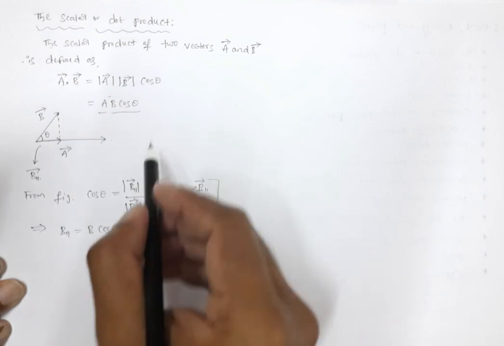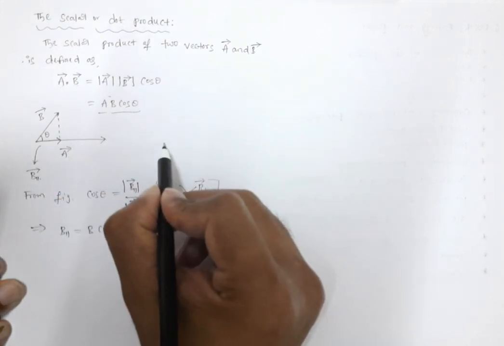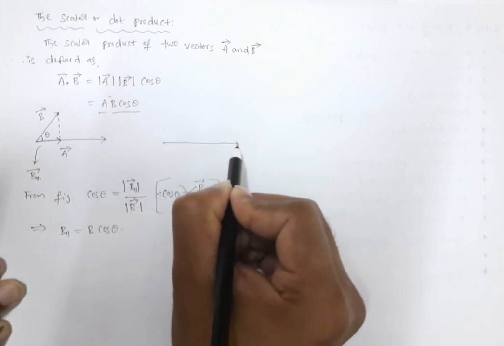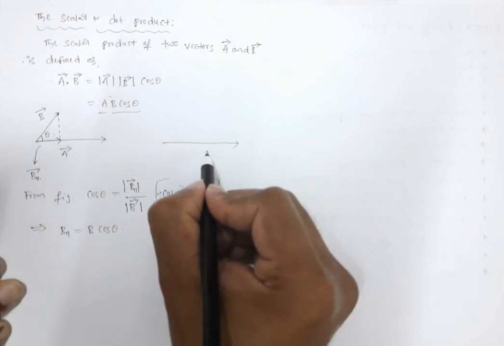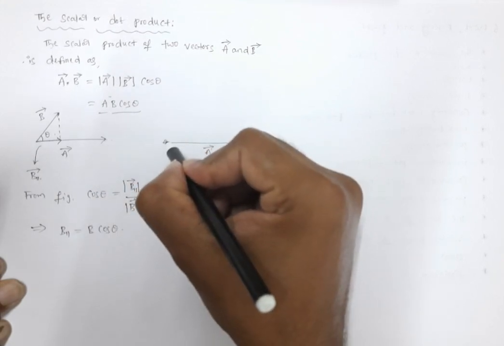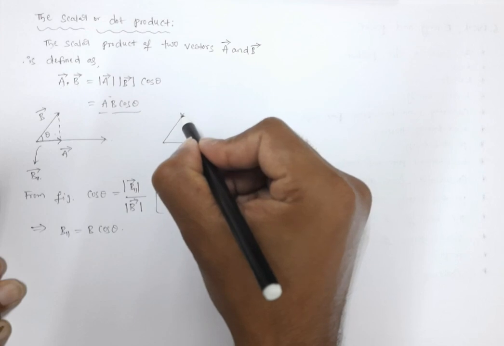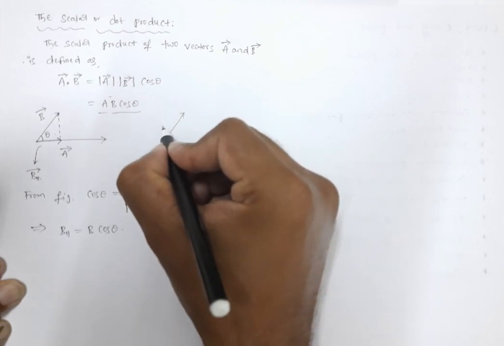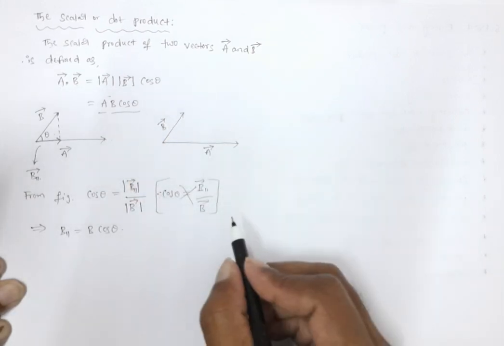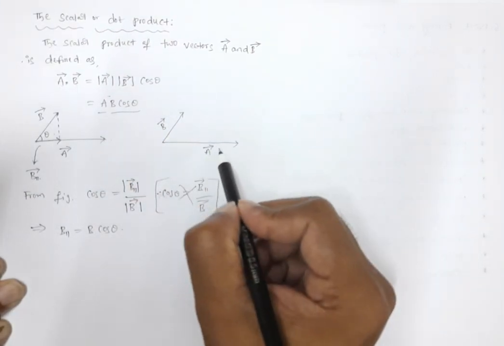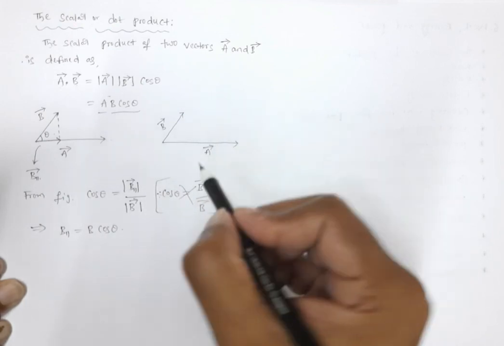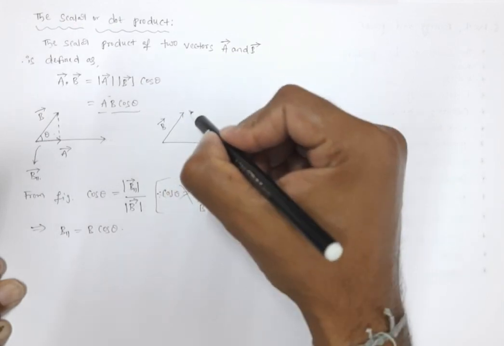In another way also we can write. Now I take vector A bar, the same figure I am taking. This is vector A bar, and we have vector B bar. Now take the parallel component of A bar with respect to B bar. What do we do?